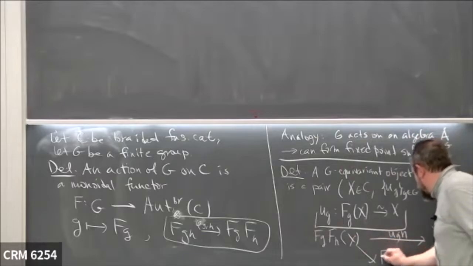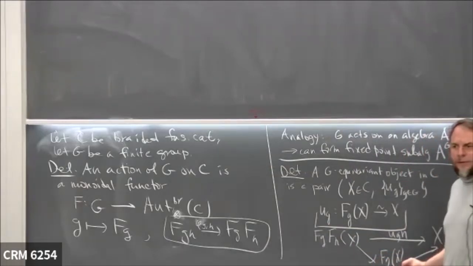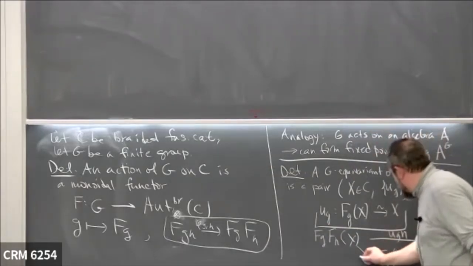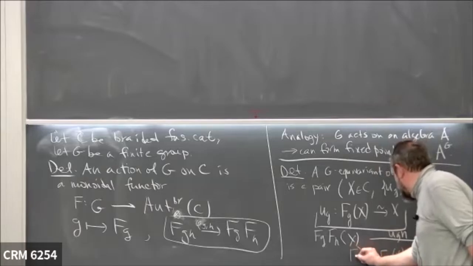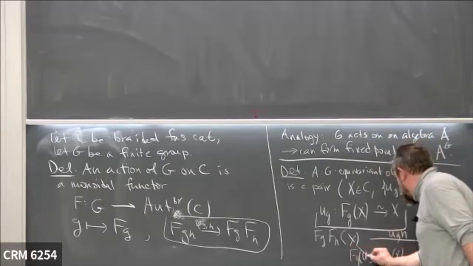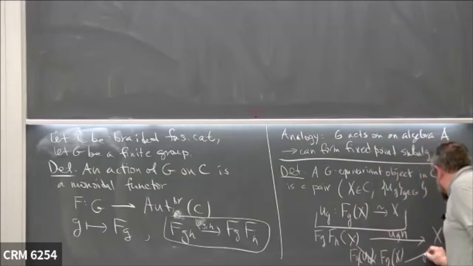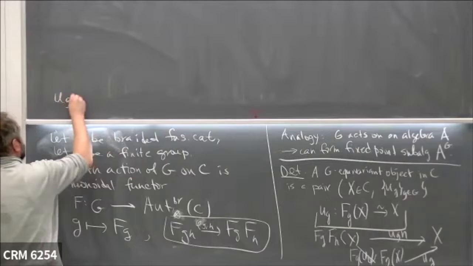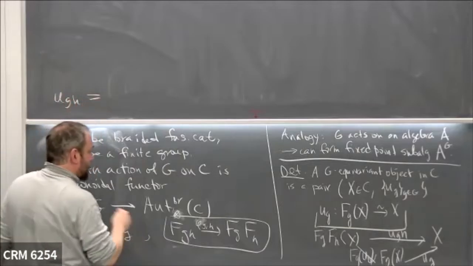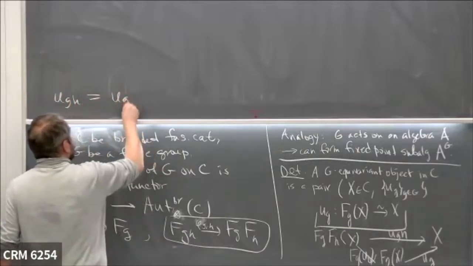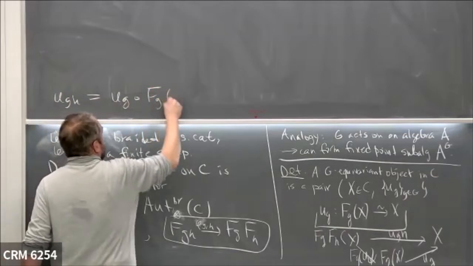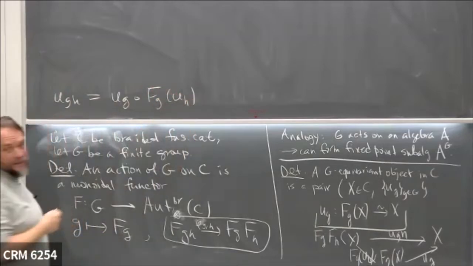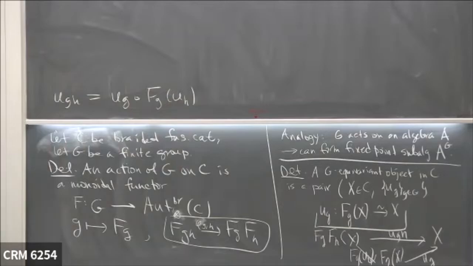You first apply F_g applied to u_h and then u_g. So here I write this down. So what we have is that u_gh should be equal to the composition of u_g and F_g(u_h), sort of a cocycle condition, right?